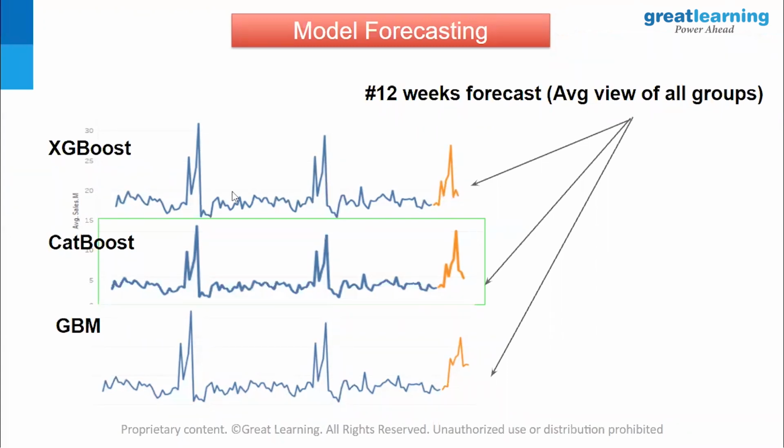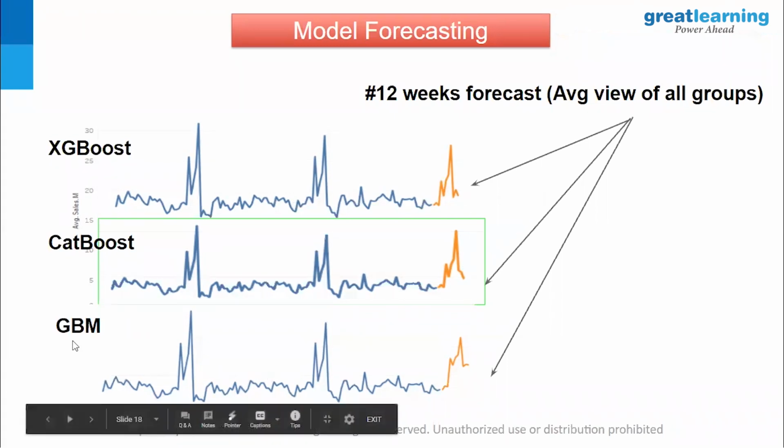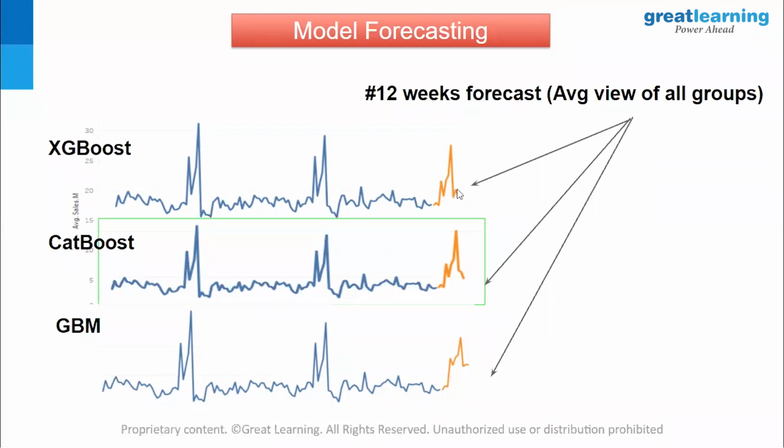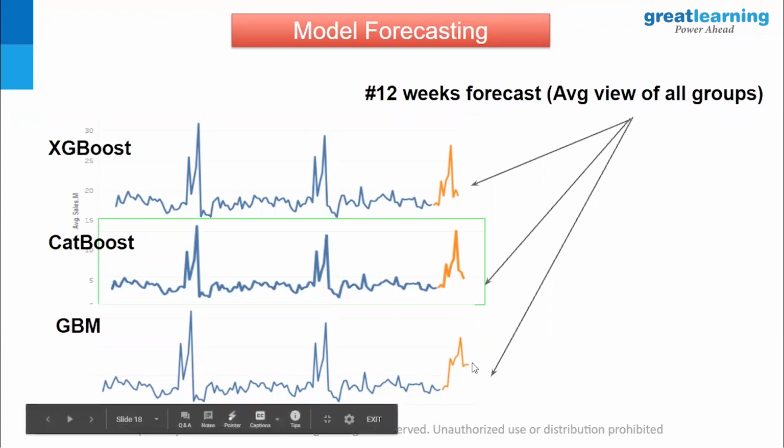It kind of follows the trend. The GBM model also looks reasonable, but for example, towards the end of it, I could see that it starts to go down. Here also it starts to go down, but in this case, I think it still remains up.